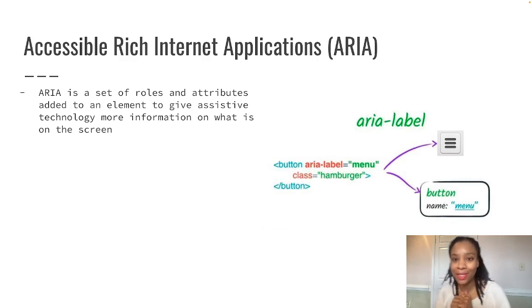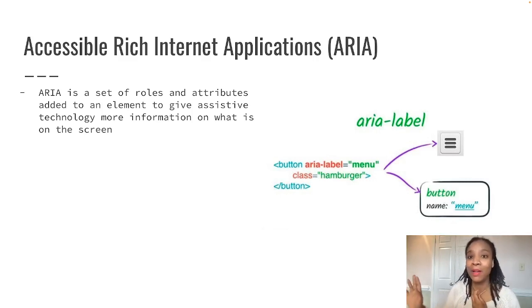No one can use it except for the people who understand what the hamburger menu is and who have a mouse that can click on it, right? So with an ARIA label, if we add some information, then a screen reader could go on that and be like, oh, okay, so this is actually a menu and it's a hamburger menu. It's not just a random button that I don't know what's going on.